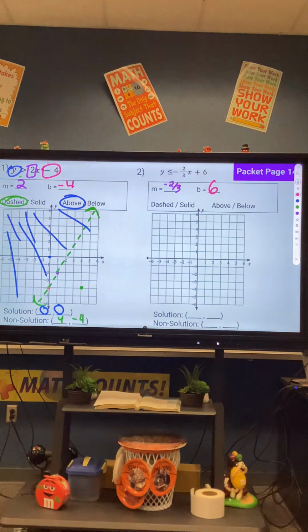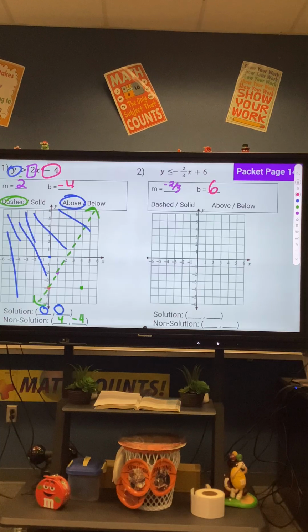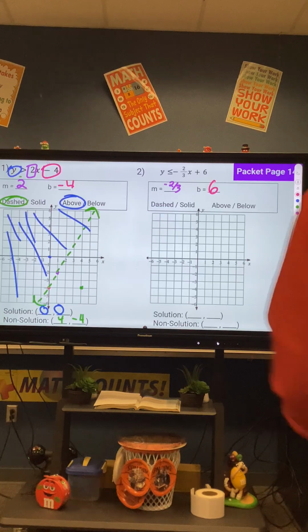So then Kim, what is this a dashed line or a solid line? I was trying to get you to say something. So it's a solid line or a dashed line, Kim?